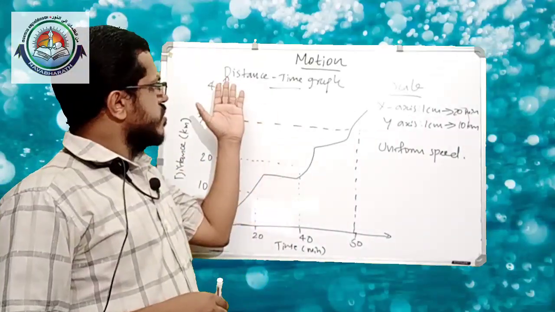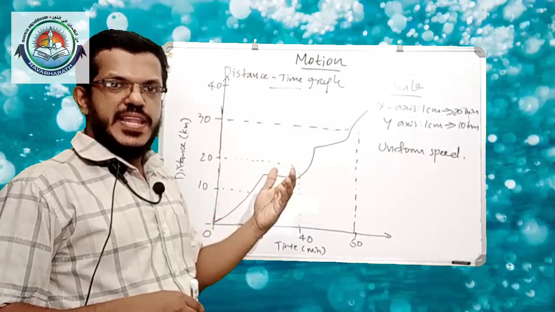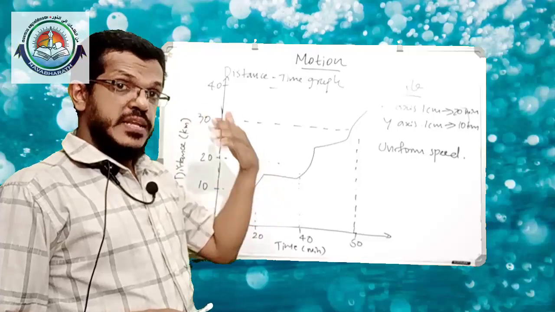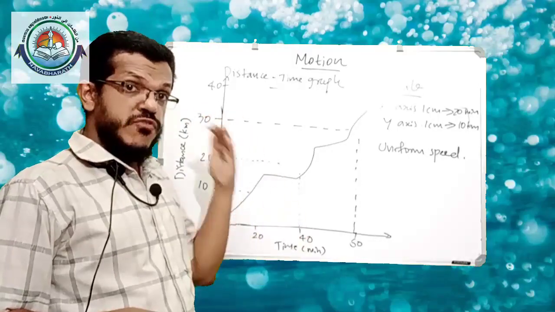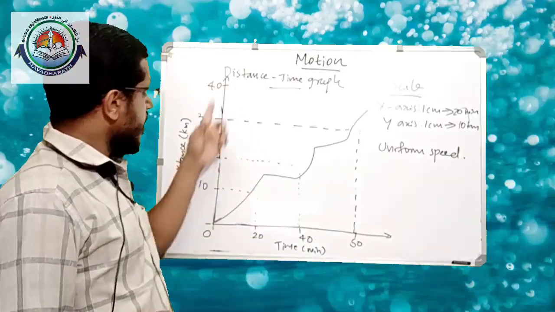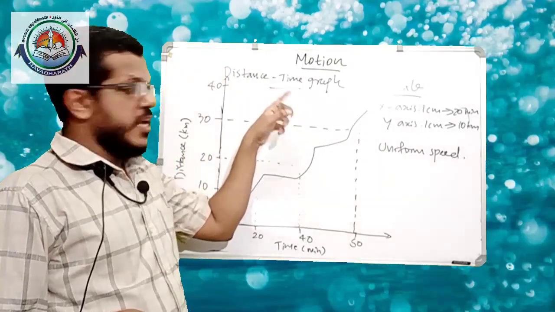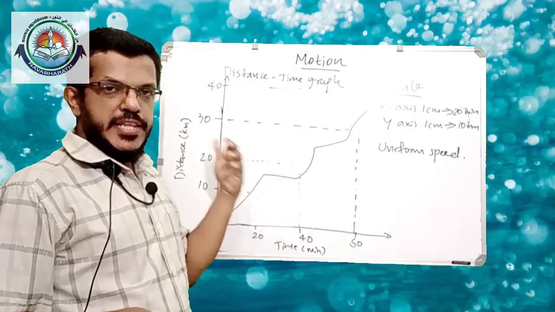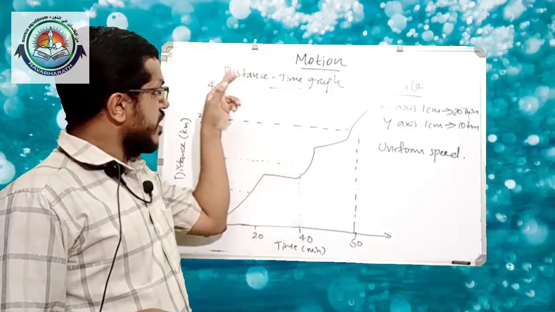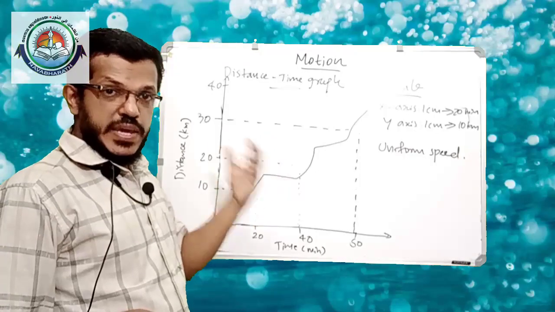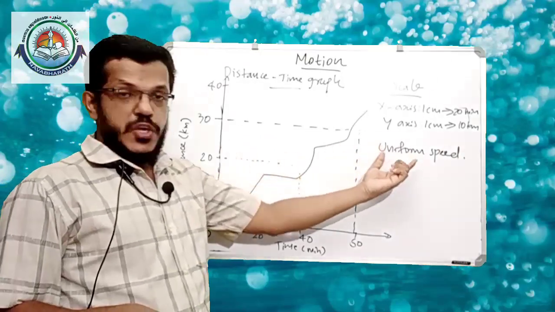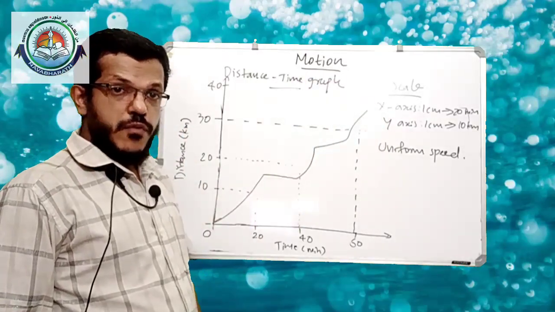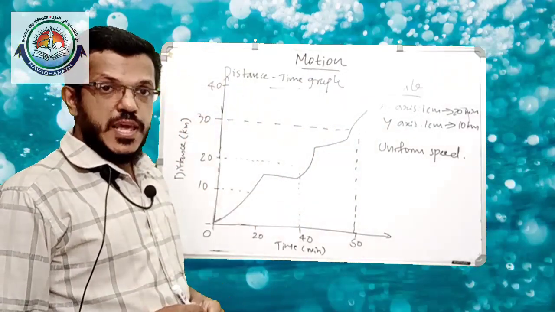Okay, using the distance time graph, we can also say it is a uniform velocity, where distance changes to displacement. If the distance and displacement are equal in this motion, we can say that it is also uniform velocity. This object moves with a uniform velocity when the distance and displacement are equal.